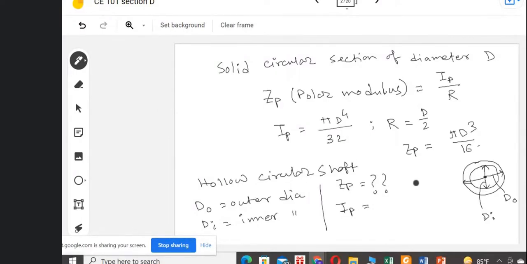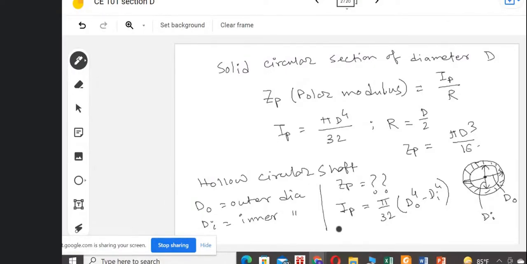Polar is just the summation of those two. So pi by 32 into d naught to the power 4 minus di to the power 4. Very good. This is the polar moment of inertia for this circular cross section. The in-between portion is hollow.